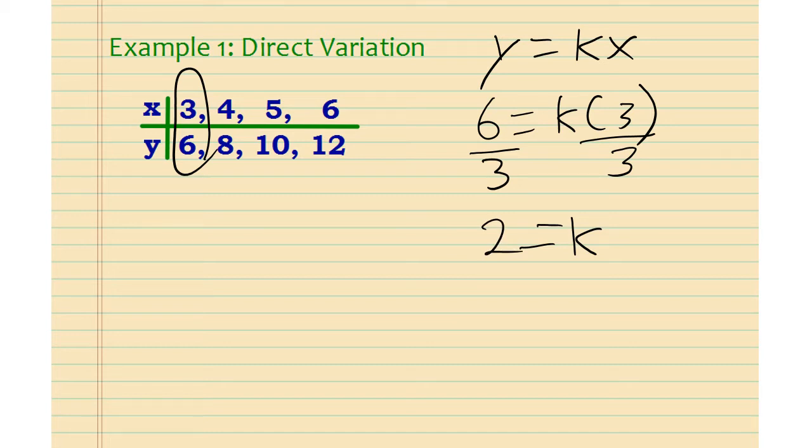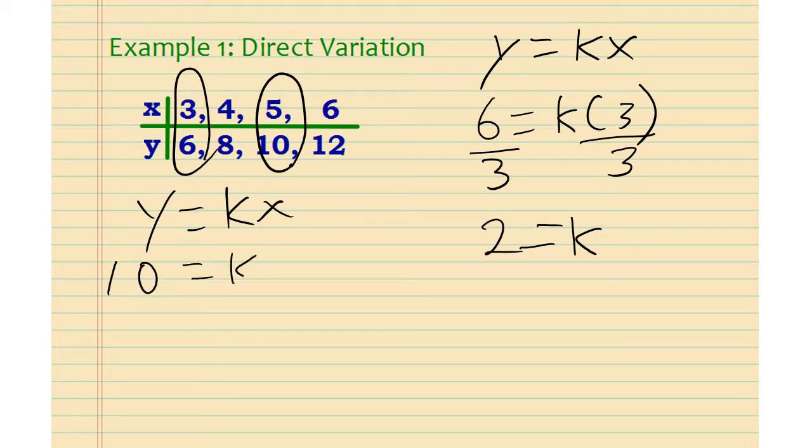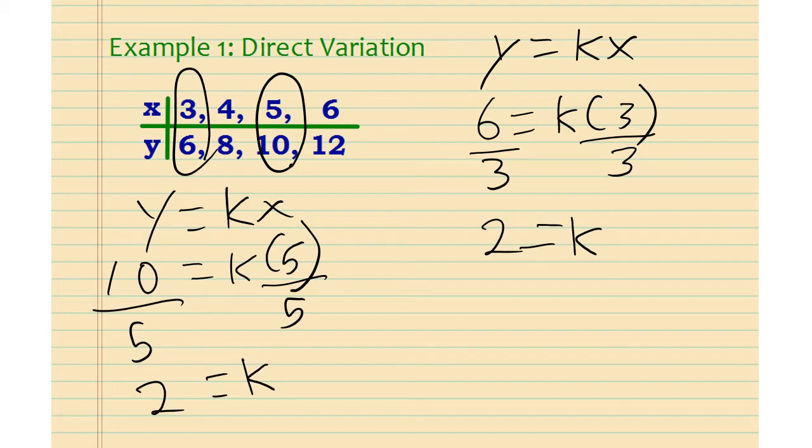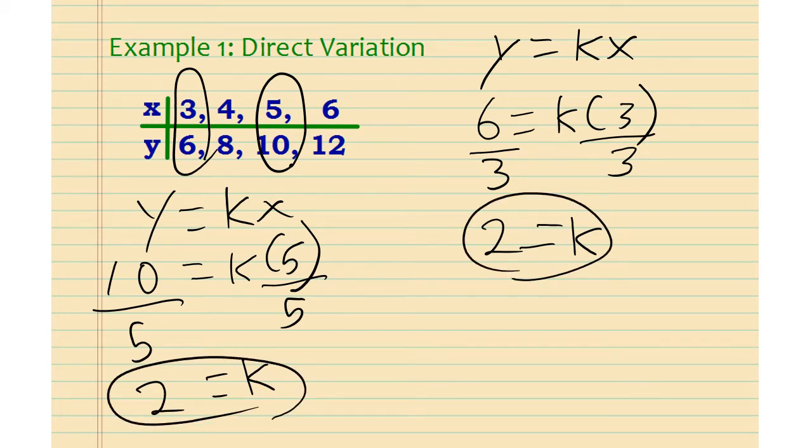Let's try another one. y equals kx. Take these two, plug in 10 for y, 5 for x, divide both sides by 5, k equals 2. Look at that, I got the same answer both times.